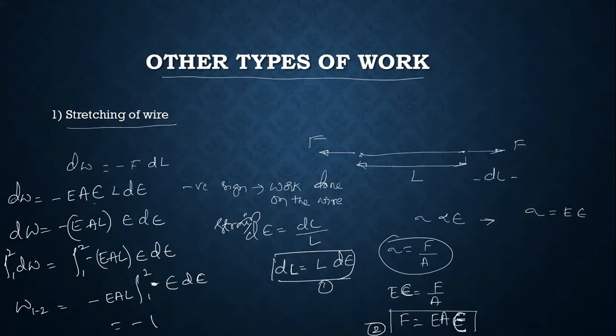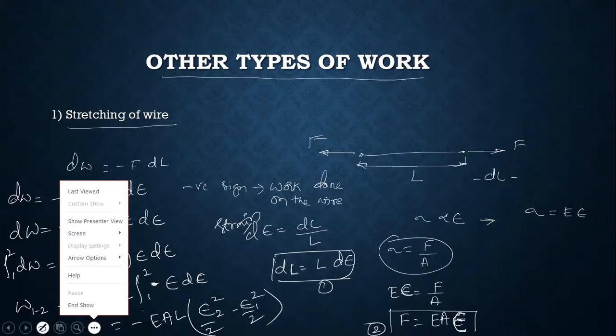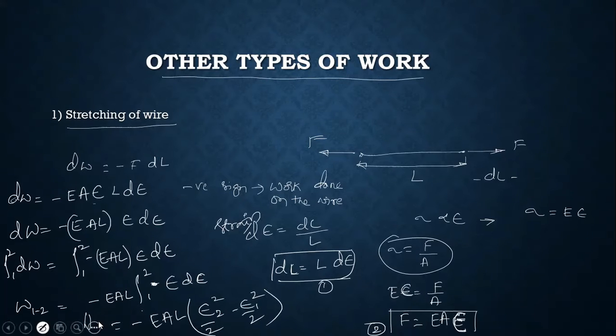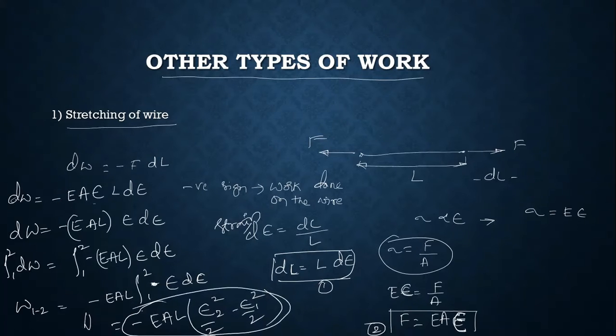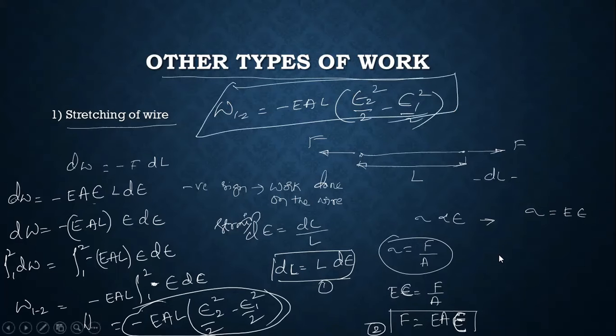Therefore, this is minus E A L times (E2 squared by 2 minus E1 squared by 2). This is the work expression for stretching of wire.